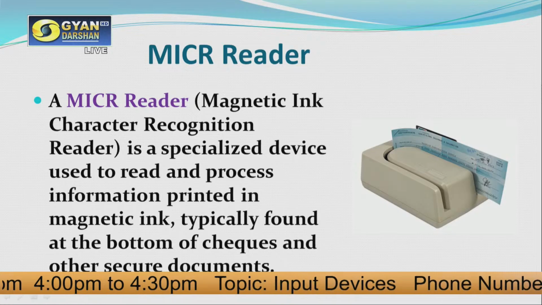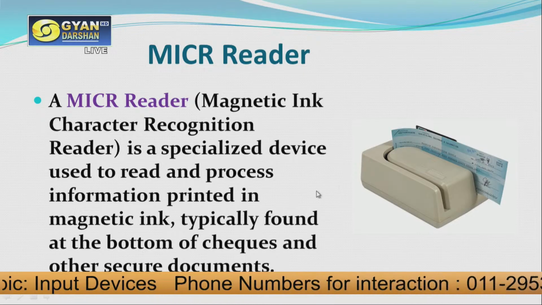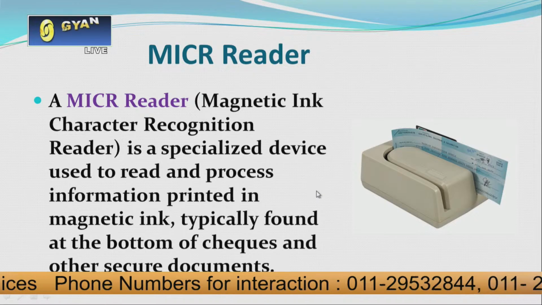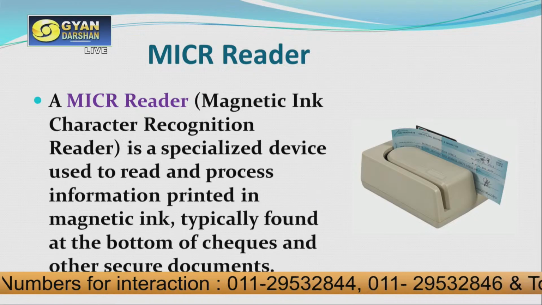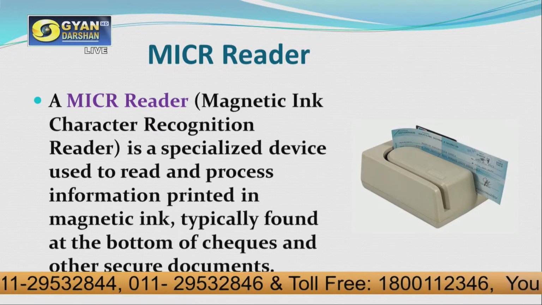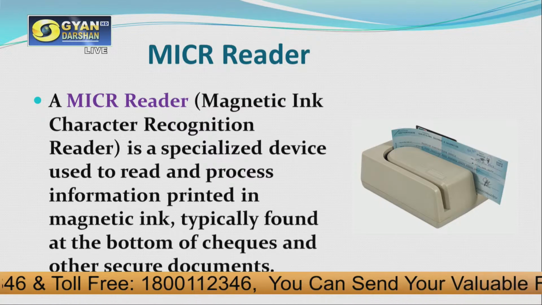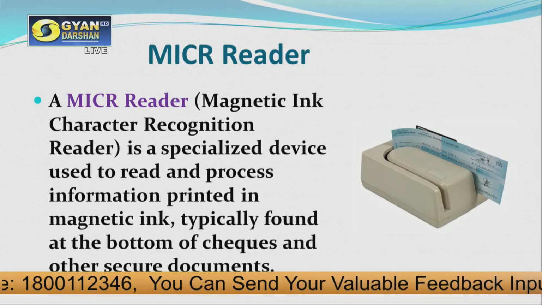You can see on the right side a device that is available online; I took the photograph from online. MICR readers look like this, and they place the cheque as shown on the right side, and then scan the lower bottom corner. The whole information is stored in the magnetic ink, and that will be scanned into the system.